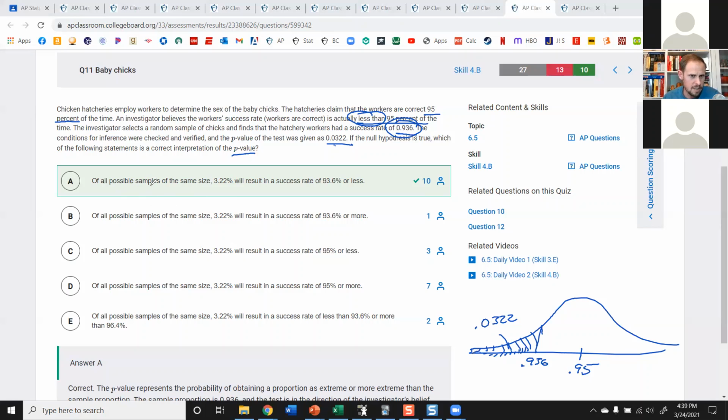So of all possible samples of the same size, because a sampling distribution is for just one particular size, 3.22%, that's that p-value, will result in a success rate of that much or less. Usually we end up saying it's not likely we'll end up this far down because that's less than 5%. But in this case, they want us to interpret it and not actually come up with a conclusion.